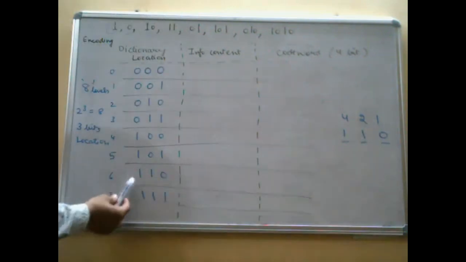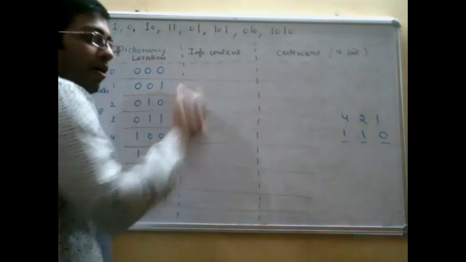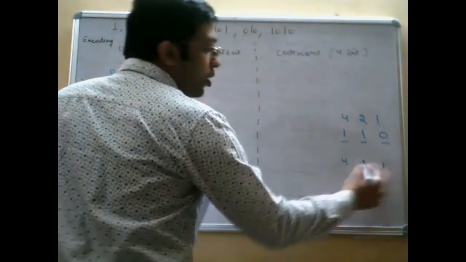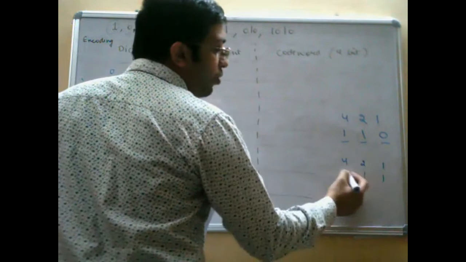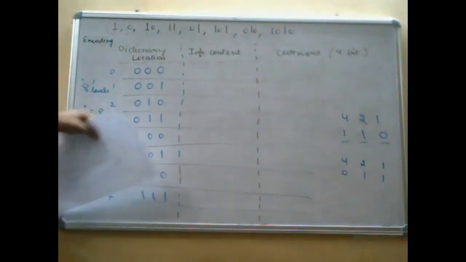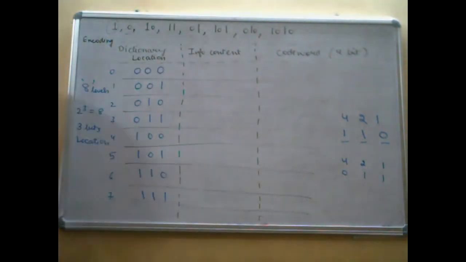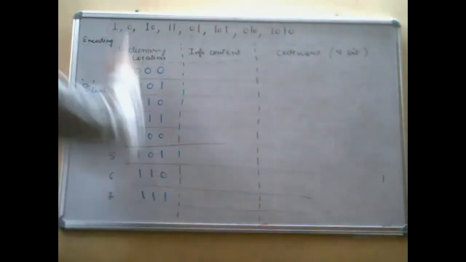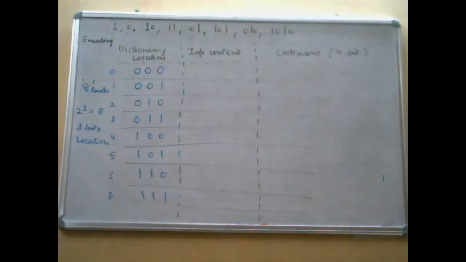That is 110, that is 6. Suppose I ask you to write the value 3. So 2 plus 1 will be 3, so 0 1 1 over here. This is for 3. So this is the 4 to 1 rule. If you don't know, I have repeated it once again. So 3 bits, 8 levels are there.